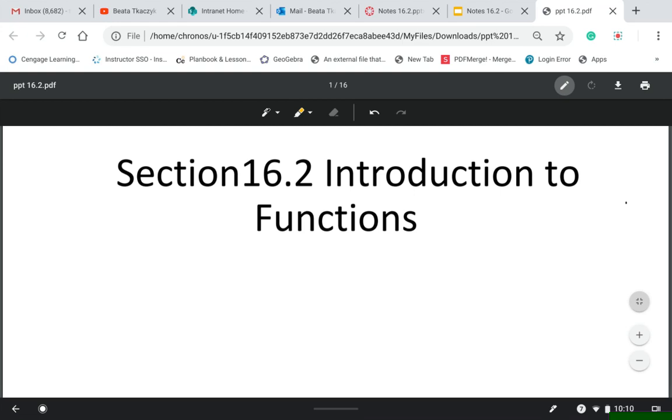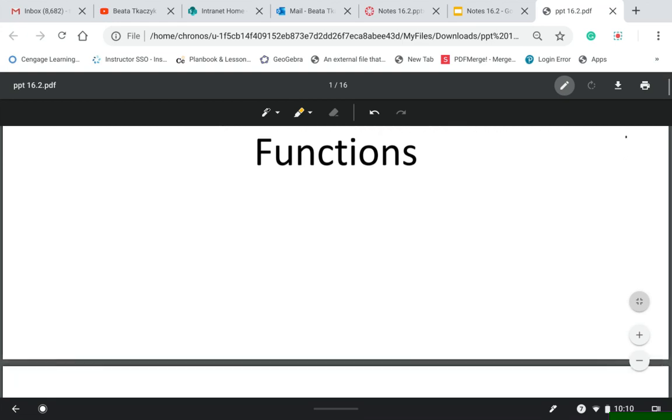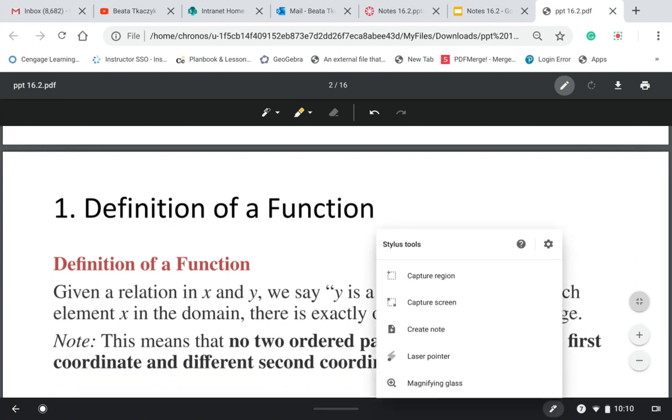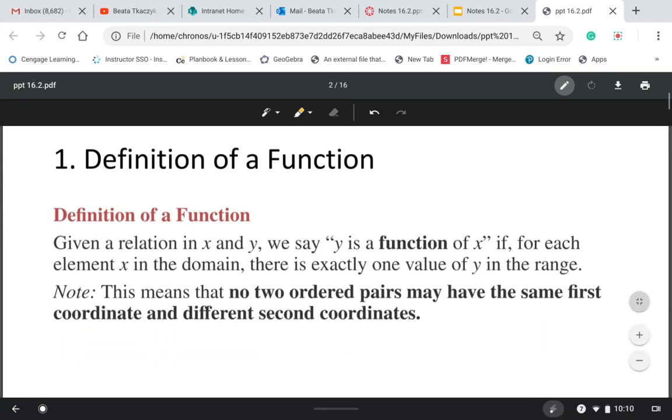Functions are a special type of relation. So let me give you the definition of a function. This is the formal definition.